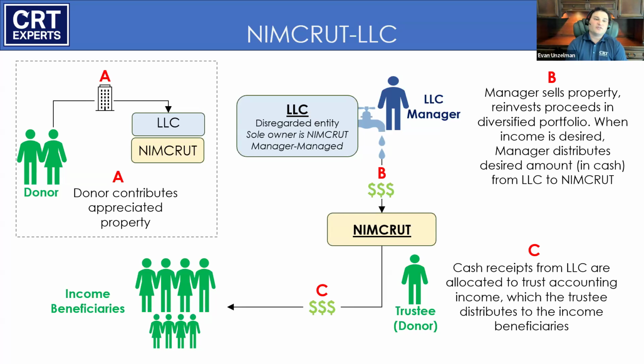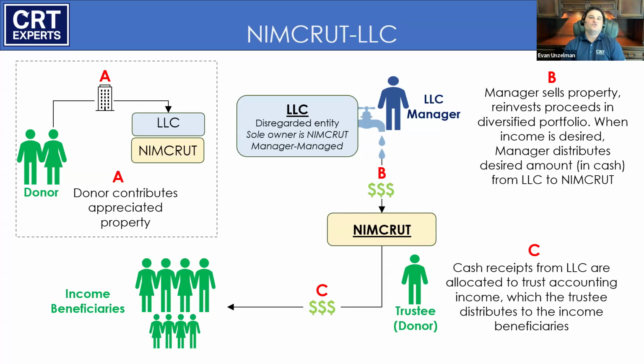They have appreciated real estate. It could be appreciated stock, closely held stock, public stock, any capital asset that's appreciated. As long as the client doesn't need the money from selling that personally, it is usually a good candidate for a CRT. So that appreciated property is going into the NIMCRUT LLC structure.